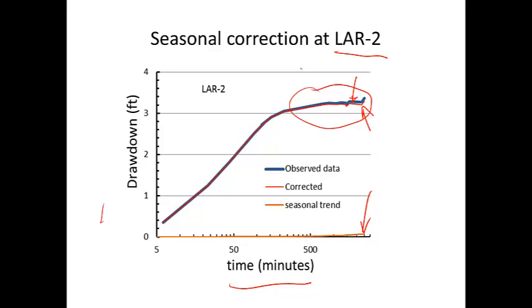So this is how you do the seasonal trend and how you make the correction for it, but it's not going to affect our results in this case. But this is something that's important for you to know how to do, because in other tests, it may end up having a rather important effect. So you may need it down the road.